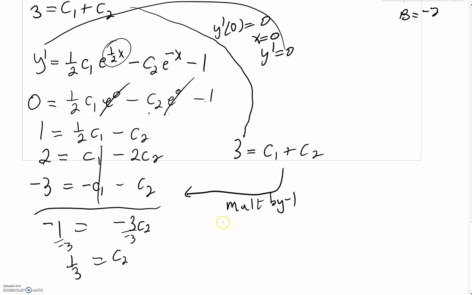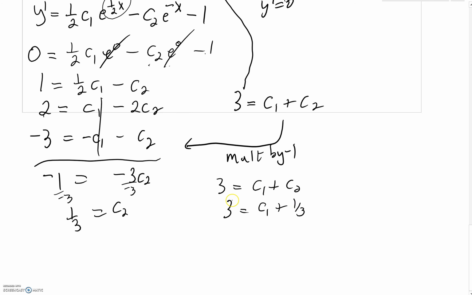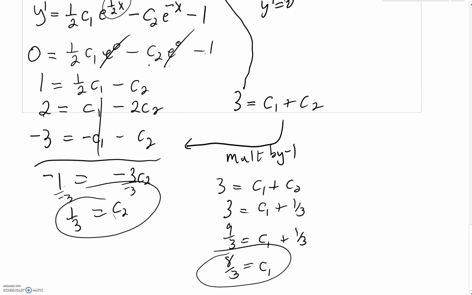But tell you what, I'm going to use this 3 equals c sub 1 plus c sub 2 and just go ahead and solve for c sub 1 now. 3 is 9/3, isn't it? So I have 9/3 is equal to c sub 1 plus 1/3. When I subtract 1/3, I'll get 8/3. So now I know what my c sub 1 and my c sub 2 are.